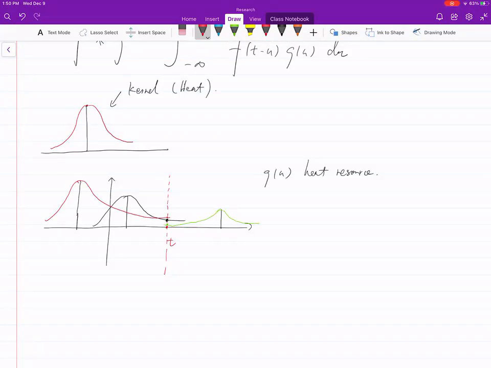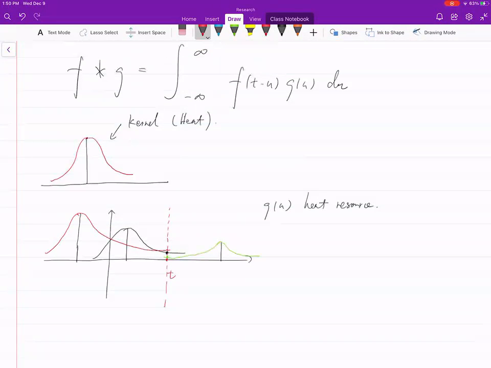Again, now what you do, you just sum them all together. That will be the total thing you receive from the whole space. Sounds good? So that's again an application of the convolution notation. From here you can see it's actually pretty natural. The further you are, the smaller the effect, right? And this is basically used to quantify how far away you are from T. And this quantifies how strong the signal there is. And then you combine them together.